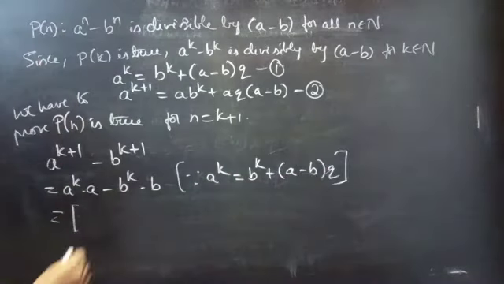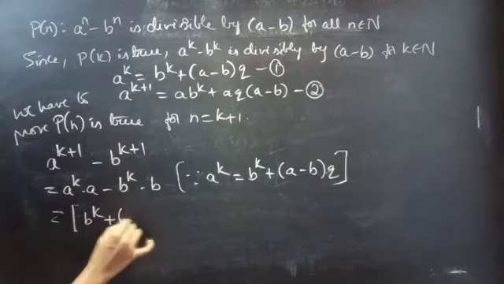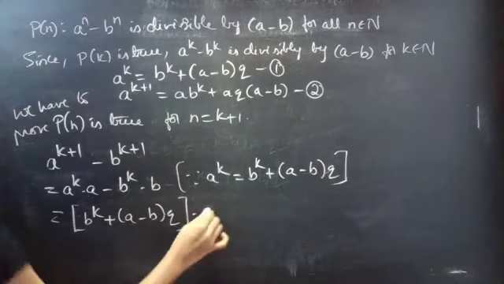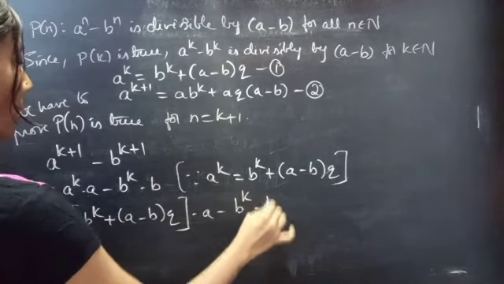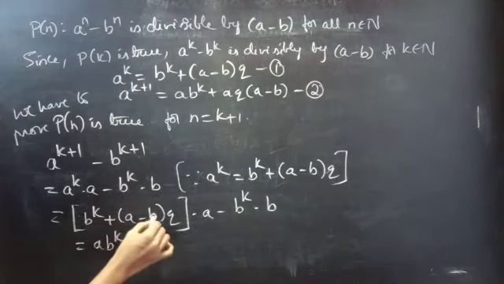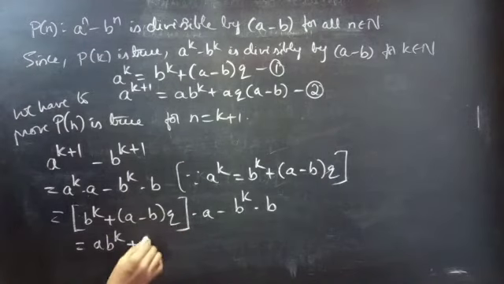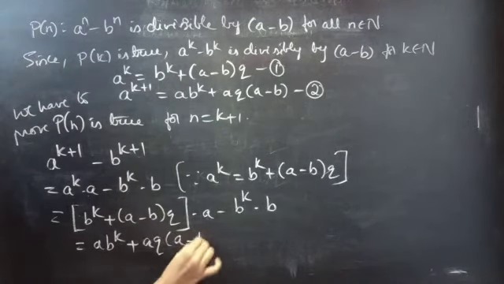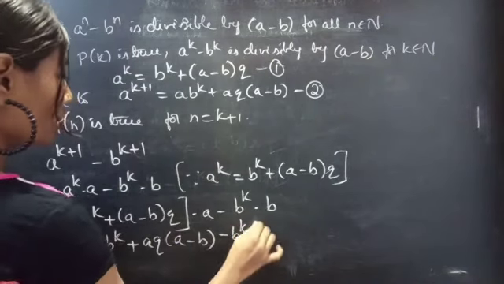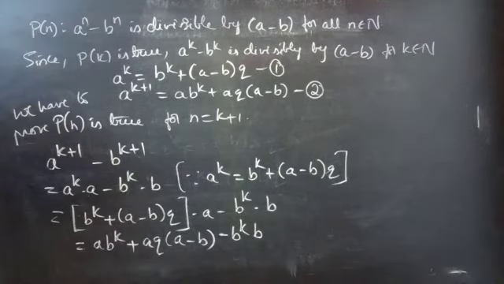So now we'll replace a power k by b power k plus a minus b into q, into a, minus b power k into b, which equals a into b power k plus a minus b into q into a, that is a q into a minus b, minus b power k into b, right? Now, let's write the terms involving b power k first.